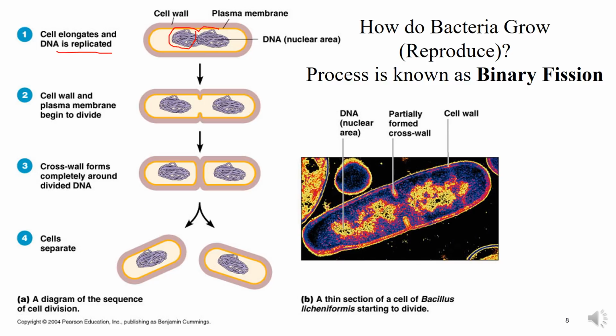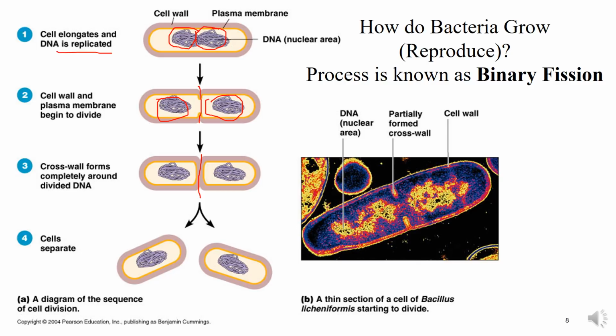It is now duplicated, so you have two copies. Then the cell membrane begins to divide, and each side will have a copy of the genetic material. The cell membrane will completely form around the bacteria, and eventually the cells will separate into two different cells.